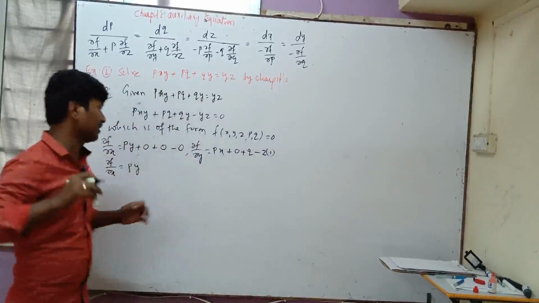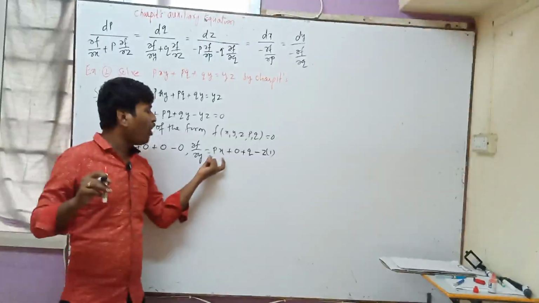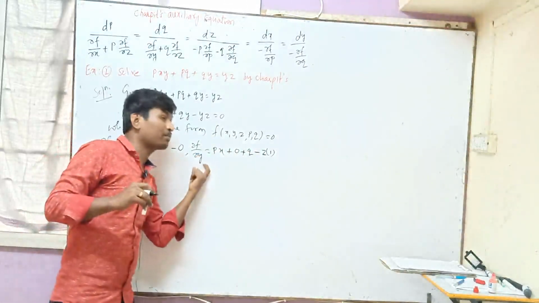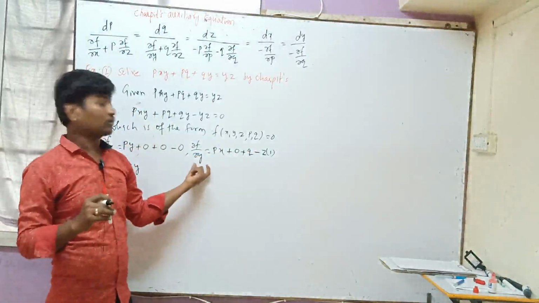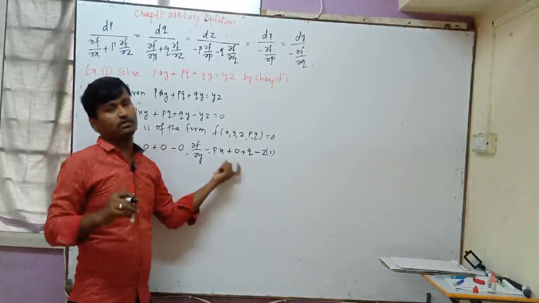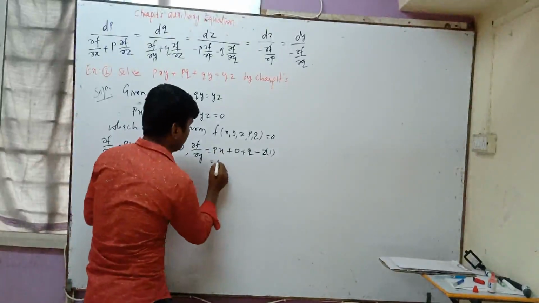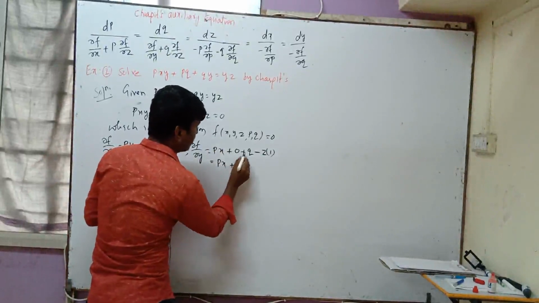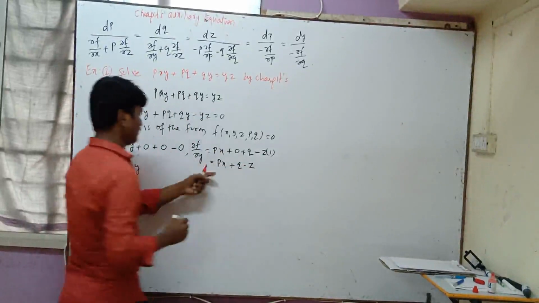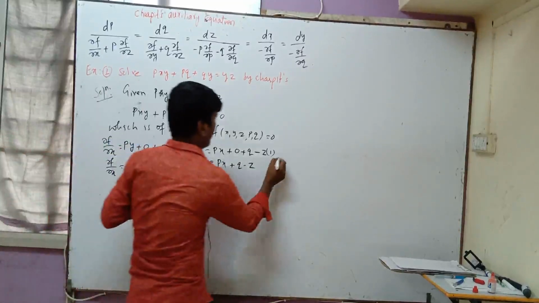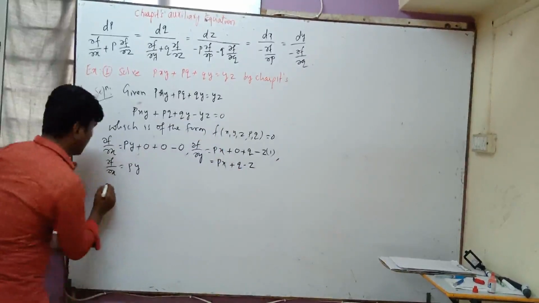Remember, I already said that you must take all other variables as constants while differentiating with respect to any variable. So this becomes px plus q minus z. This is ∂f/∂y.